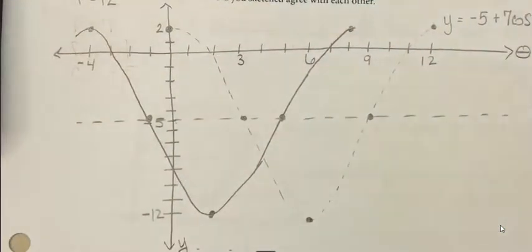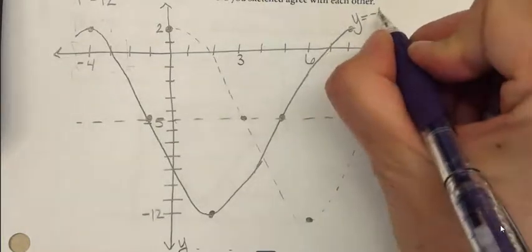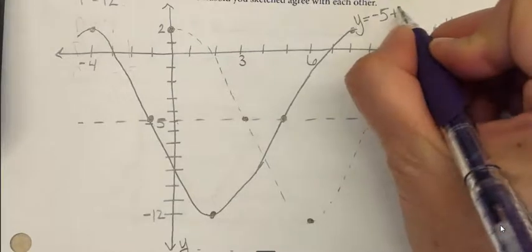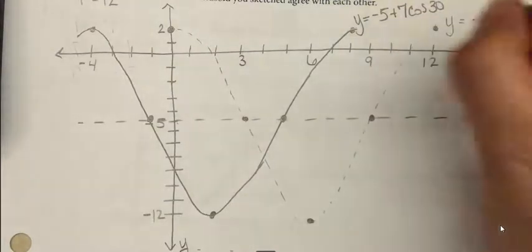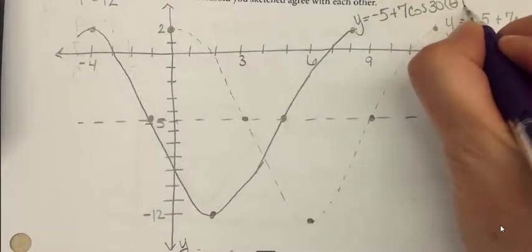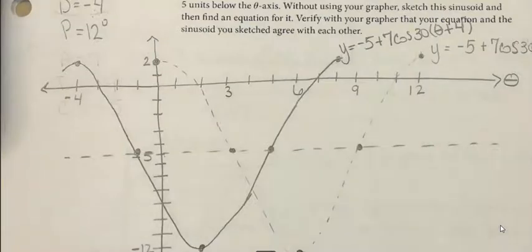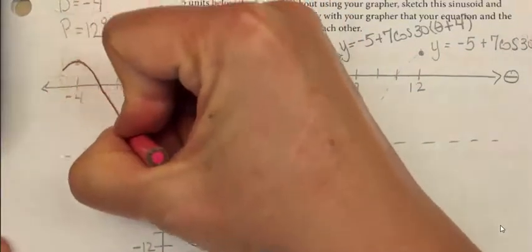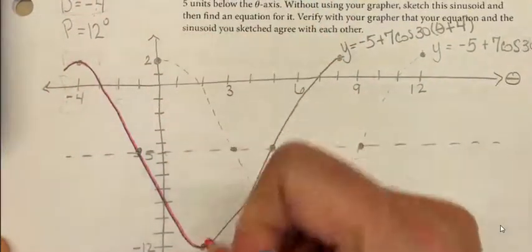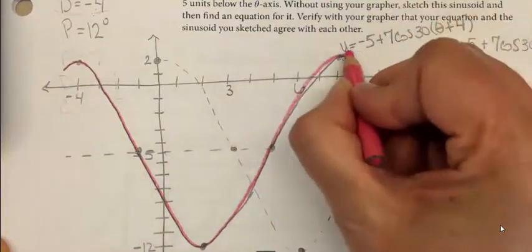That looks terrible, but you get the idea. So now this is y equals -5 plus 7 cosine 30 of theta plus 4, because we shifted it to the left. Okay, so my final answer here, maybe I'll put it in pink. Looks something like this.